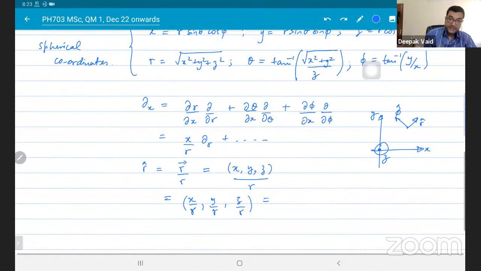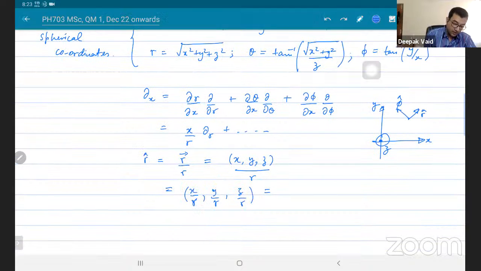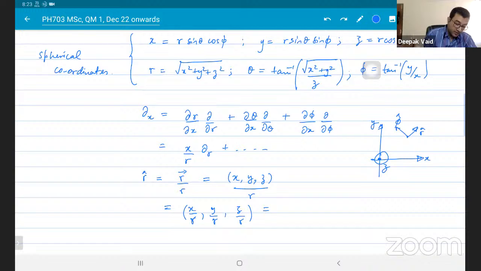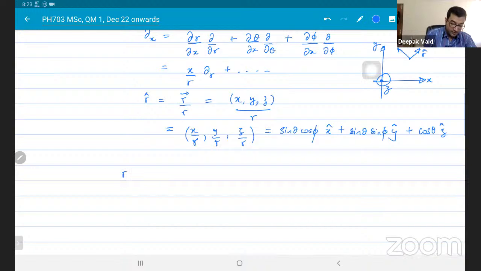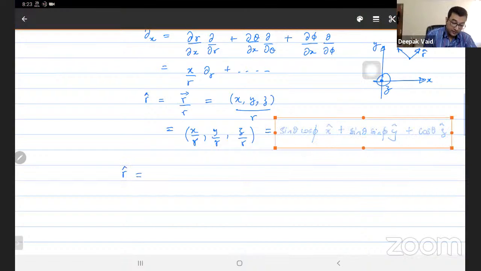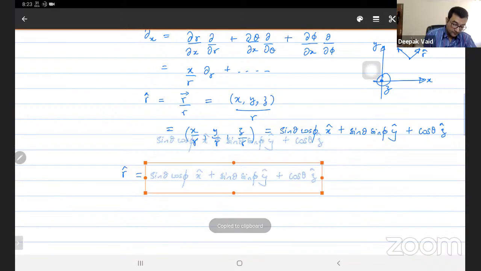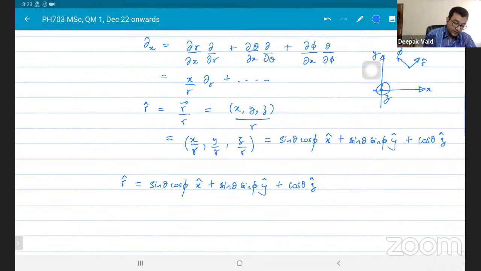So in terms of the x̂, ŷ, and ẑ components, r̂ can be written as follows: x/r becomes sinθ cosφ. So you can write it as sinθ cosφ x̂, this is the x̂ component, plus sinθ sinφ ŷ plus cosθ ẑ, right? So you get one set of relations between the unit vectors and another set of relationships between the derivatives.